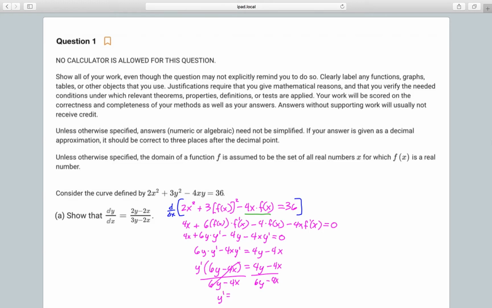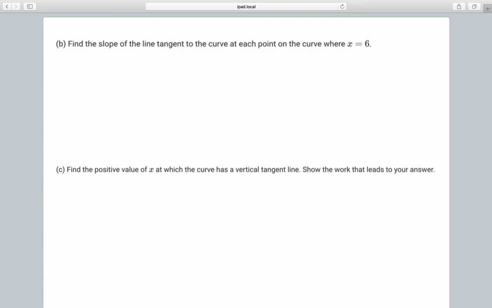Now on the right, I can divide 2 out of everything. So that would be 2, 2, 3, 2. And so what I end up with is y prime equals 2y minus 2x over 3y minus 2x. And that's exactly what they wanted us to show, right? All right, there's part A. Let's move on to part B.